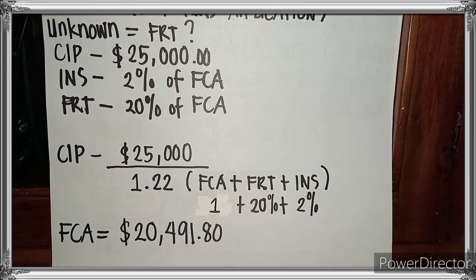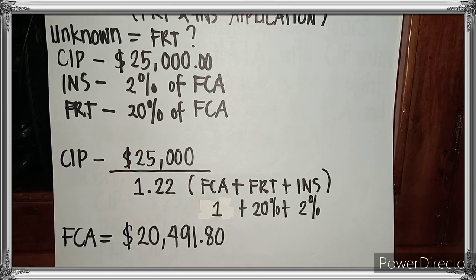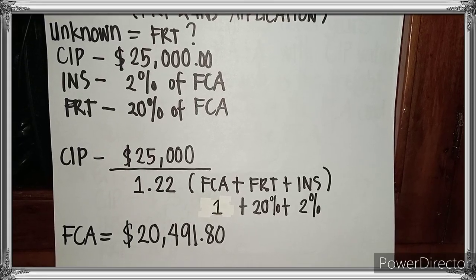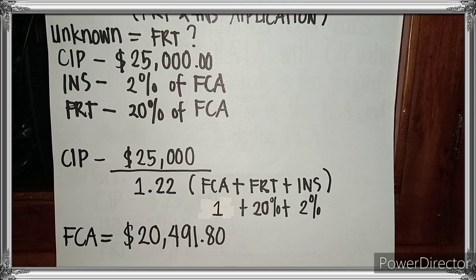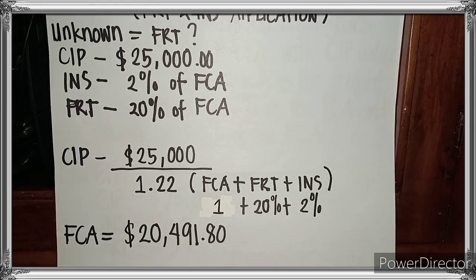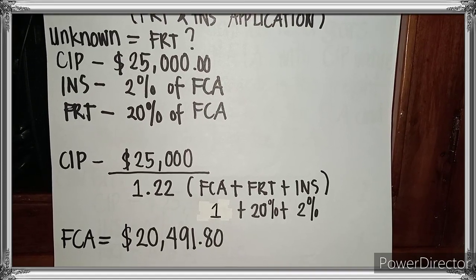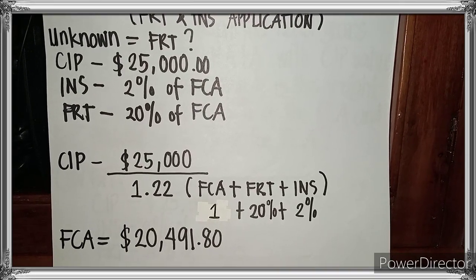If you're asking why we need to divide $25,000 by 1.22, how did we come up with 1.22?